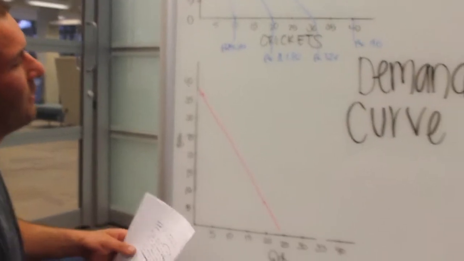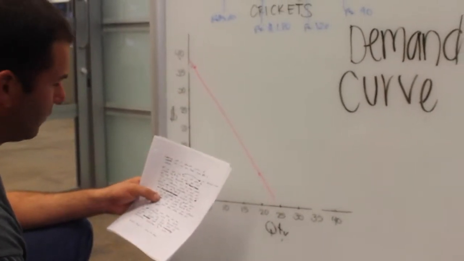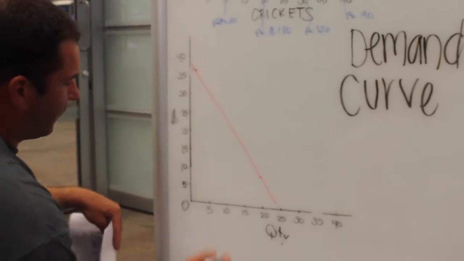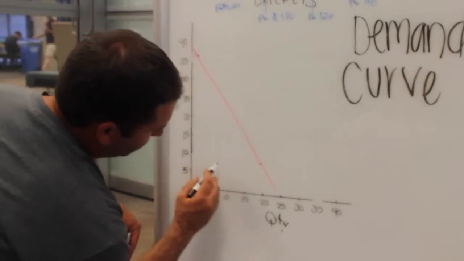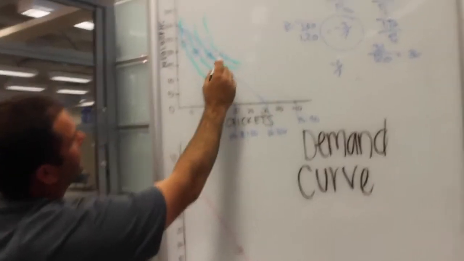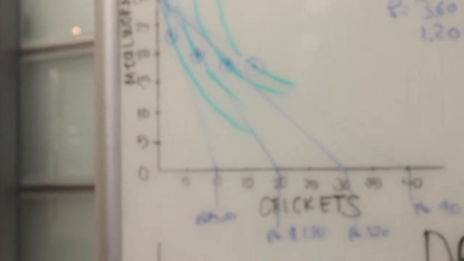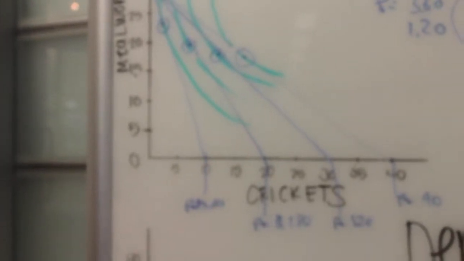Okay, so now if we look at our demand curve, we can see how this correlates to demand curves. If we look here at our price of 90 cents, we can see that we demand right at 20 boxes of crickets. So at 20 crickets, we are meeting our utility maximization for that budget.